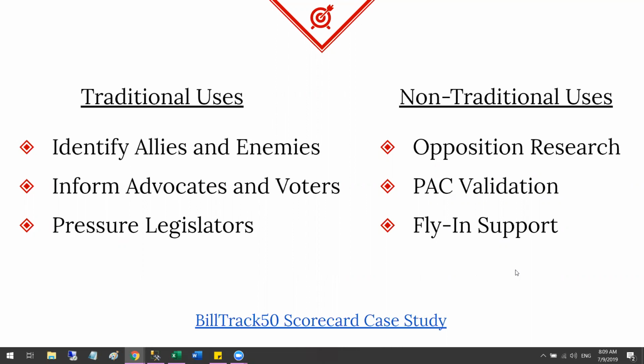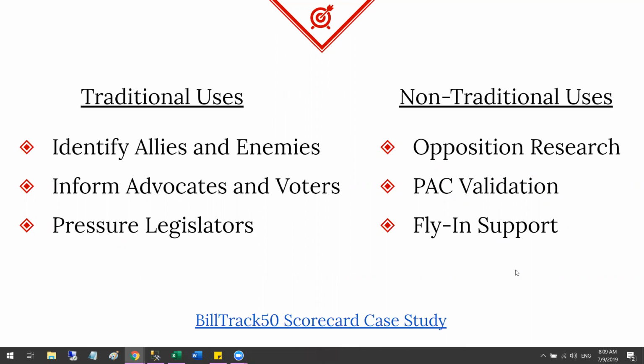And fly-in support. Fly-ins are a hectic time. That's when you're bringing your advocates to Washington, D.C. or your state capital to talk to legislators, and they are very hectic. It's often hard to get information easily and quickly to your members.